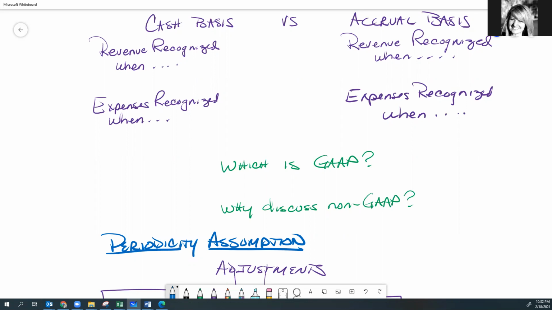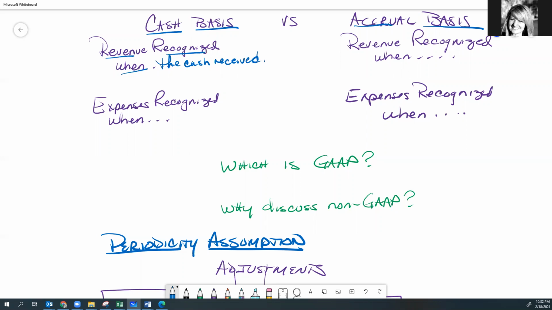So let's talk about the cash basis of accounting versus the accrual basis. We have cash basis over here on the left and accrual basis over here on the right. If we are accounting for our entity on the cash basis, then revenue is recognized when the cash is received.